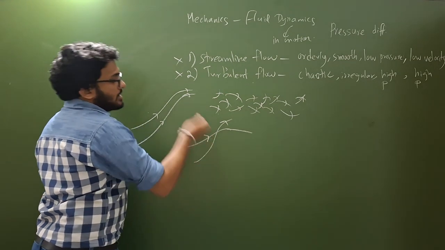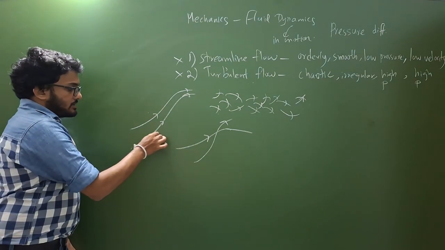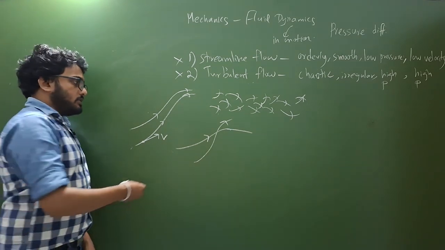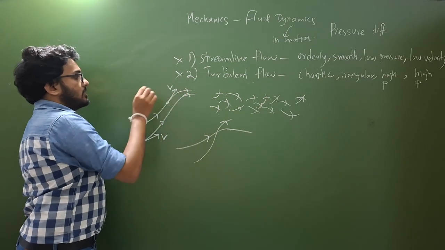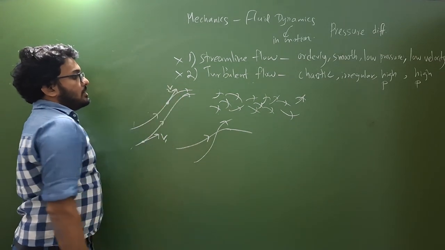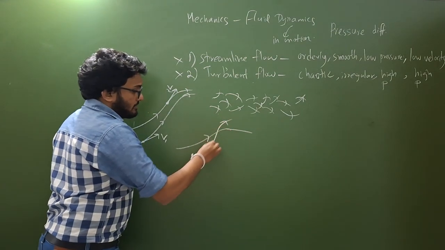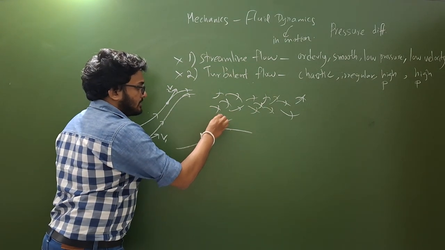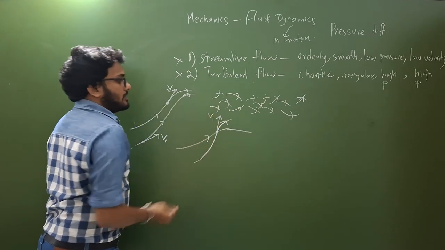Let's discuss why they can't intersect like this. If we draw a tangent, this gives the velocity of the fluid particle at that position. So if we draw a tangent here, it gives the velocity of this fluid particle at this position. Velocities can be different, v1 and v2. If I consider this streamline and draw a tangent to here, I get the velocity of the particle at this point as this, right?